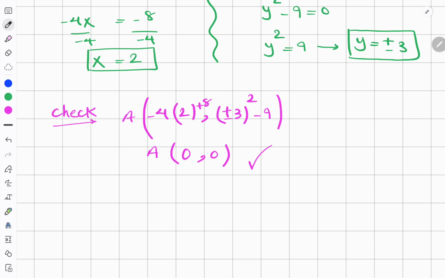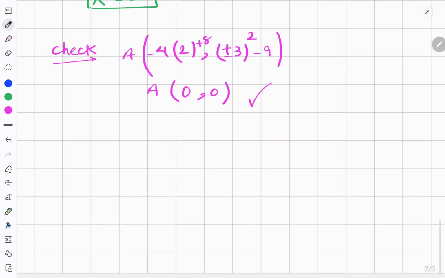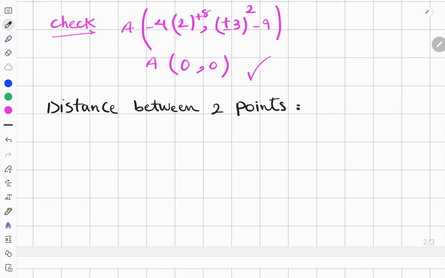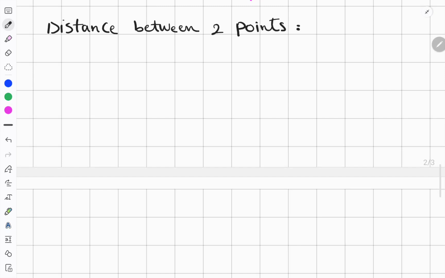Okay, let's go to another topic, distance between 2 points. Consider point A as (2, 4) and point B as (5, 2), and we are going to find the distance between these 2 points. I'm going to draw a two-dimensional plane.